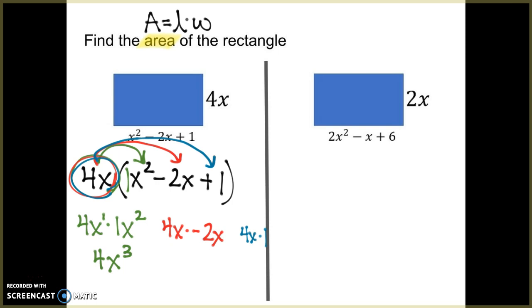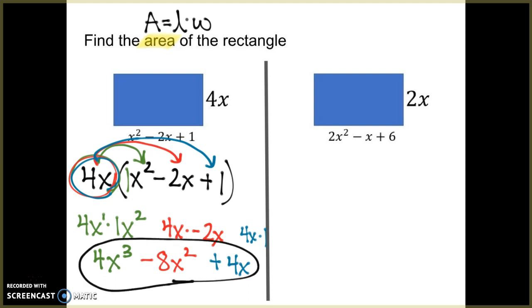Now if I move on to the next term, 4x times negative 2x, 4 times negative 2, well, that's negative 8. And then my x times x is just x squared. And then lastly, I have 4x times 1. Well, that just stays the same, and I'll put a plus sign here since the answer is positive.